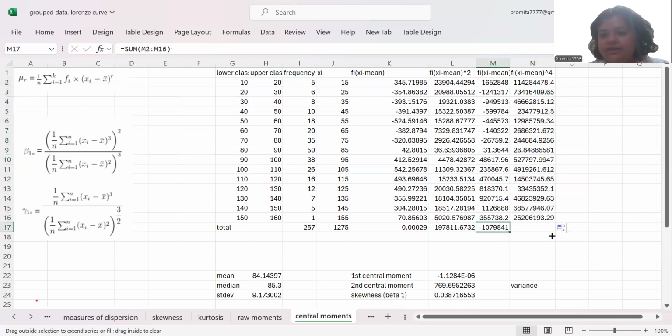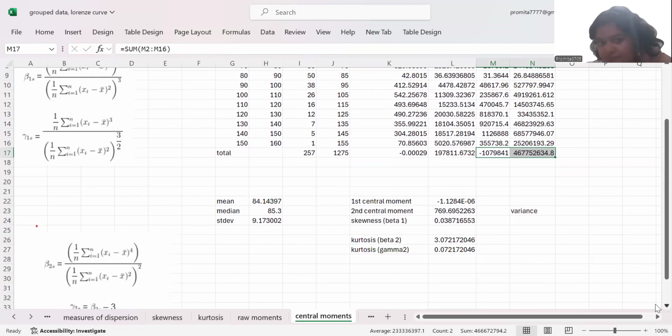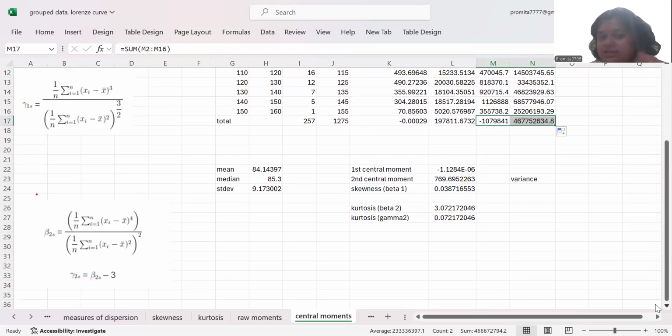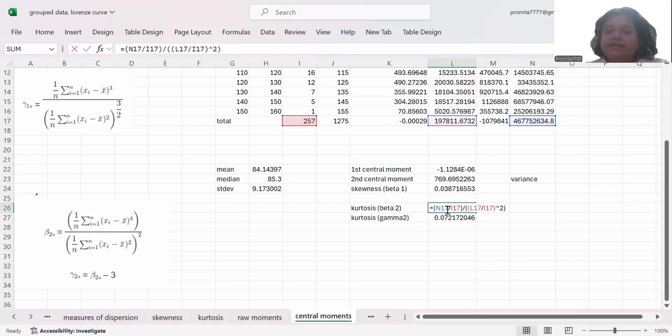We also calculate the total, which is this, and then we calculate the value of kurtosis. We use this formula: this thing divided by 257, whole divided by the variance whole square.